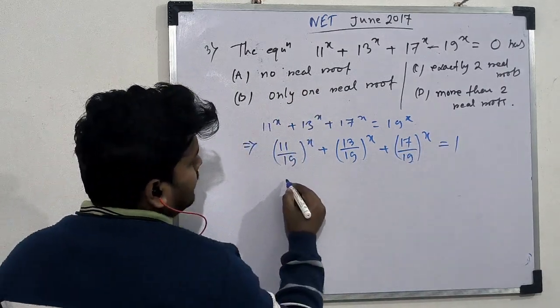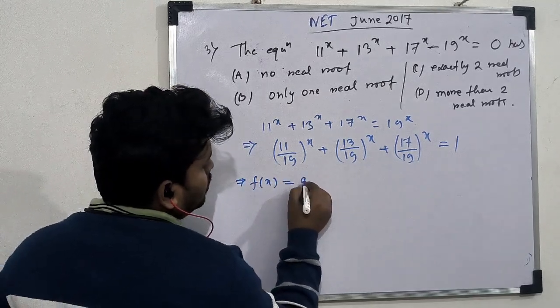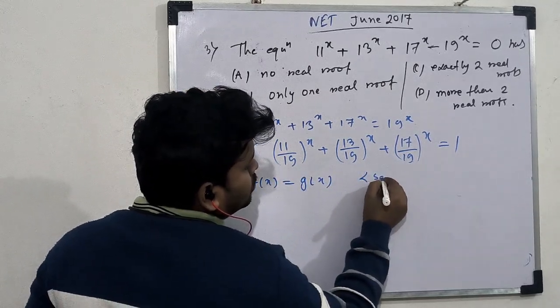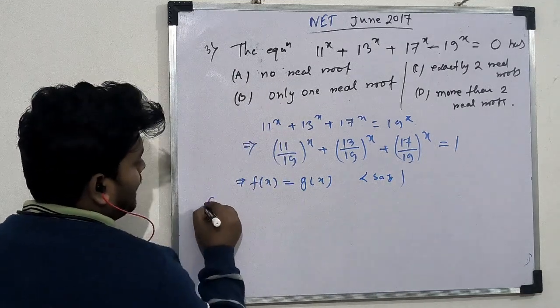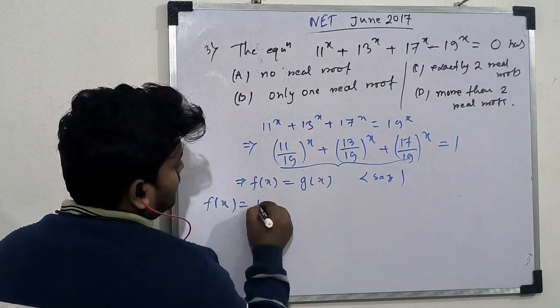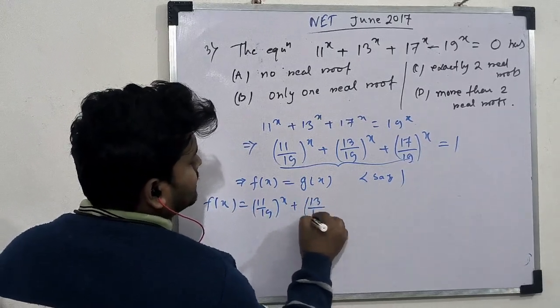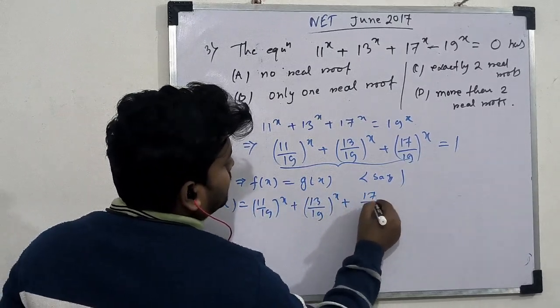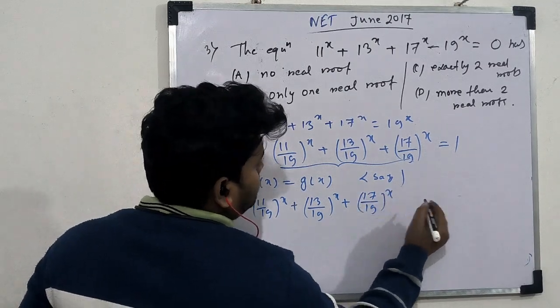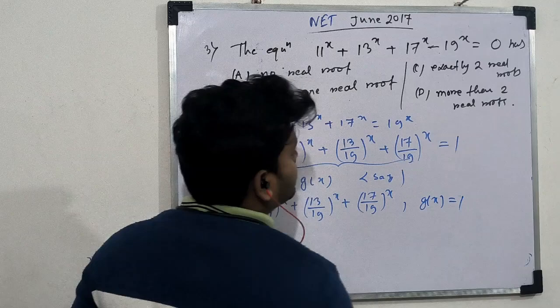Let us take this as f(x) equal to g(x). So we assume this, where f(x) is 11 by 19 to the power x plus 13 by 19 to the power x plus 17 by 19 to the power x, and g(x) equal to 1.